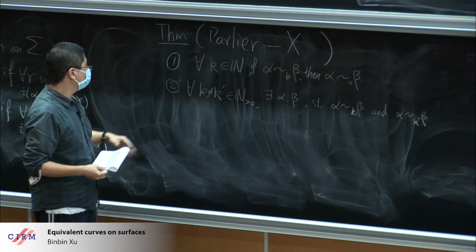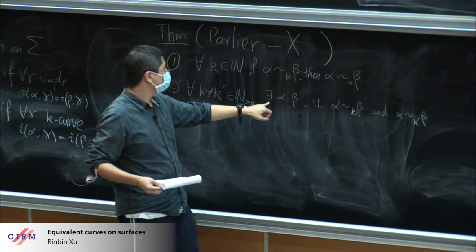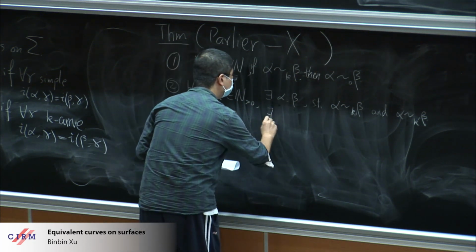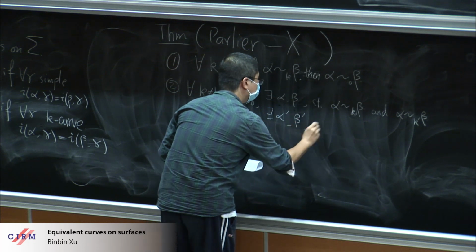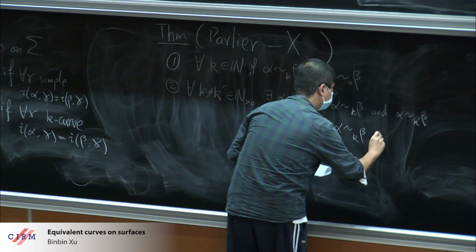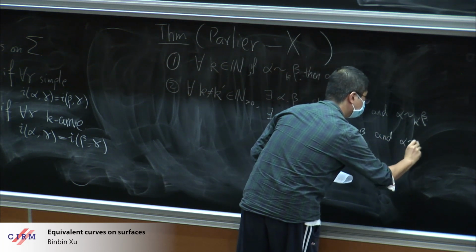And here, for any pair, we can find two curves such that this happens. And there are also curves alpha prime, beta prime, such that they are k-equivalent and k prime equivalent.